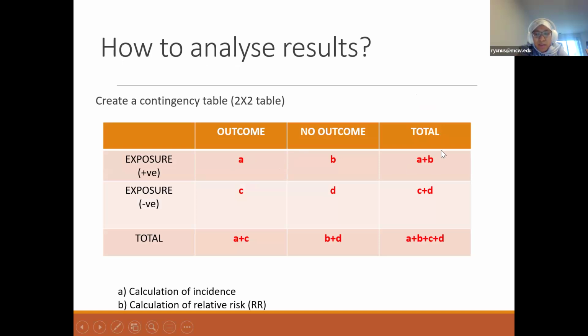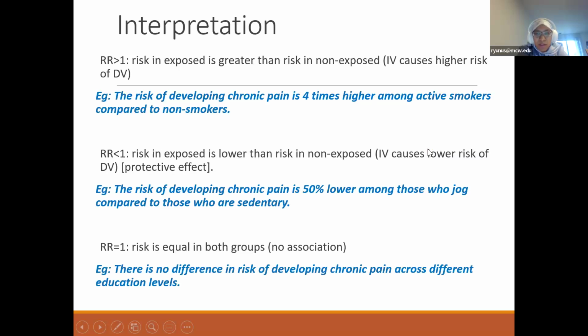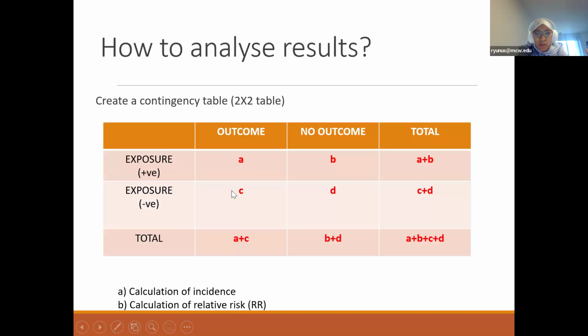And the same, incidence of disease among those who are not exposed is C over C plus D.